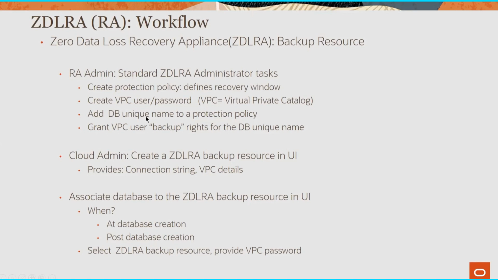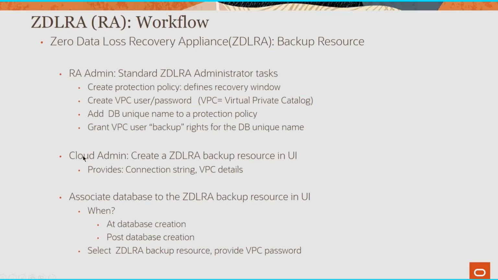And then at the time that a specific database will be configured or constructed in the UI, the administrator is required to add that DB unique name to the protection policy and then grant the VPC user access to that database so it can back up to that DB unique name. Okay, so the first step is done by the administrator.